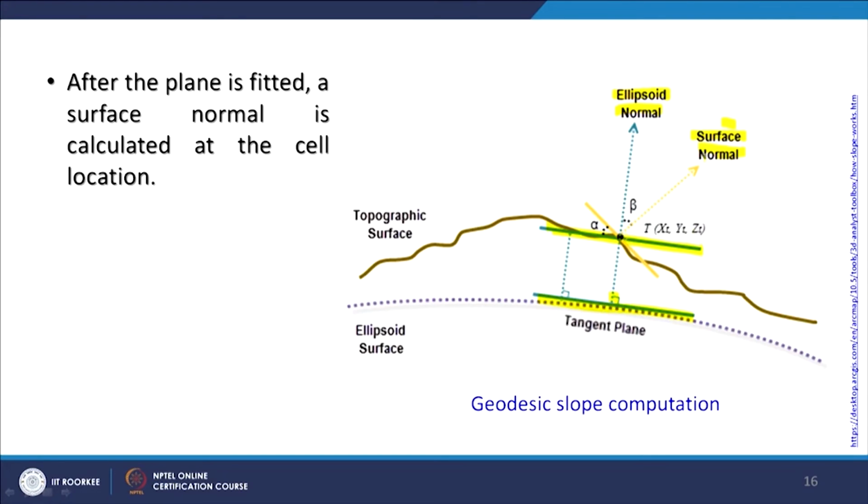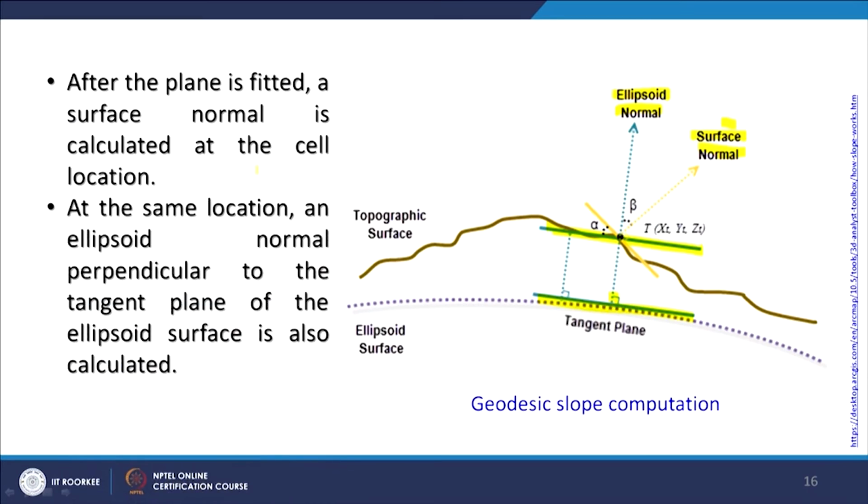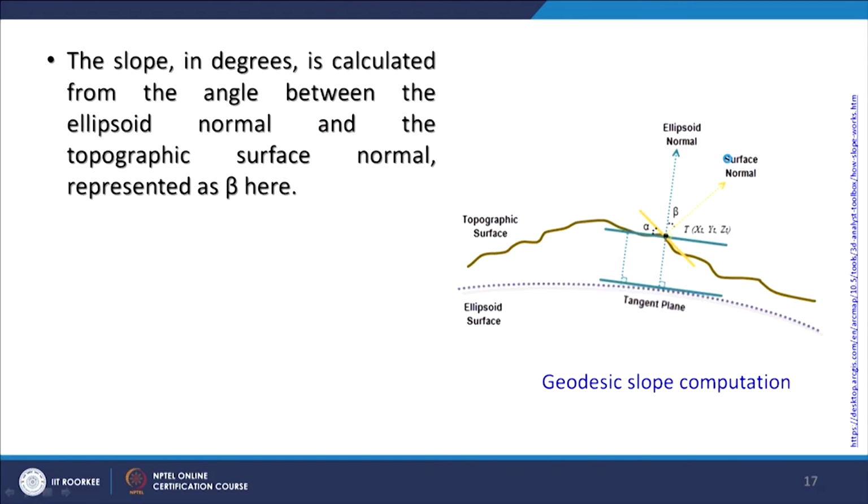So, after the plane is fitted, a surface normal is calculated at each cell location, and at the same location an ellipsoid normal, perpendicular to the tangent plane of the ellipsoid surface, is also calculated. So, here one is the ellipsoidal normal, here another is the surface normal. All these have to be calculated.